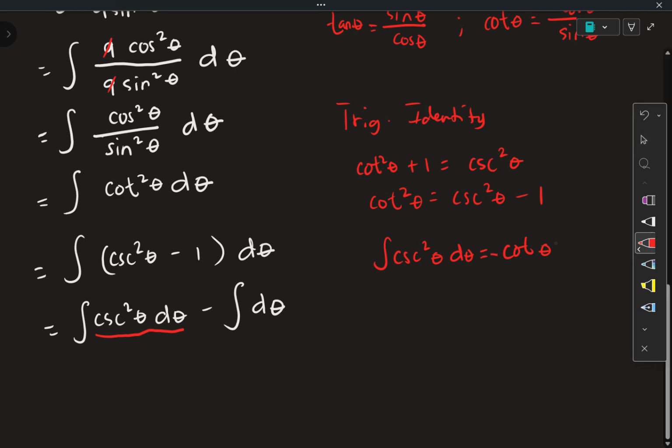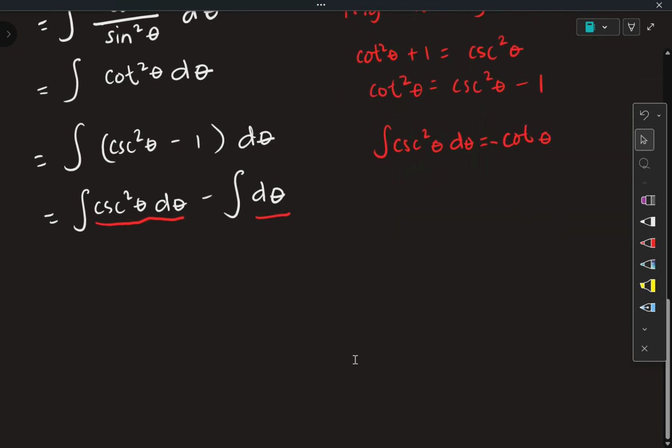Since we can now integrate these values, we have negative cotangent theta minus theta plus c.